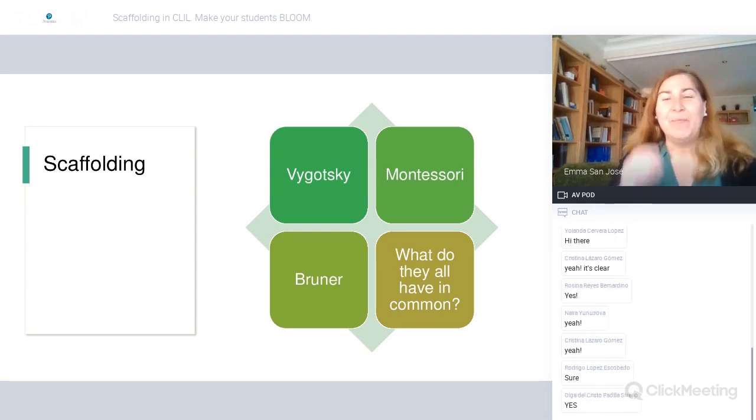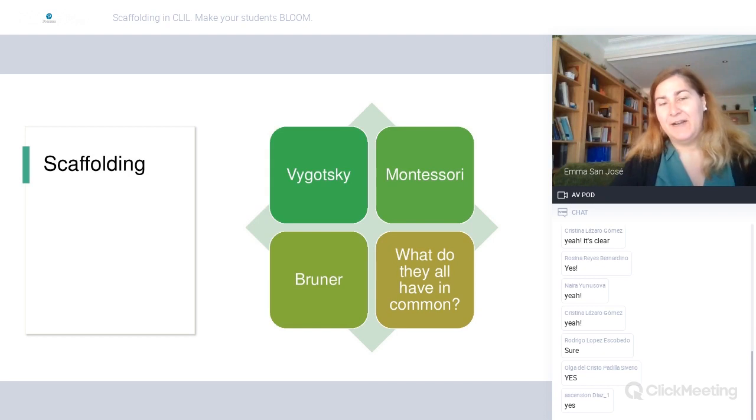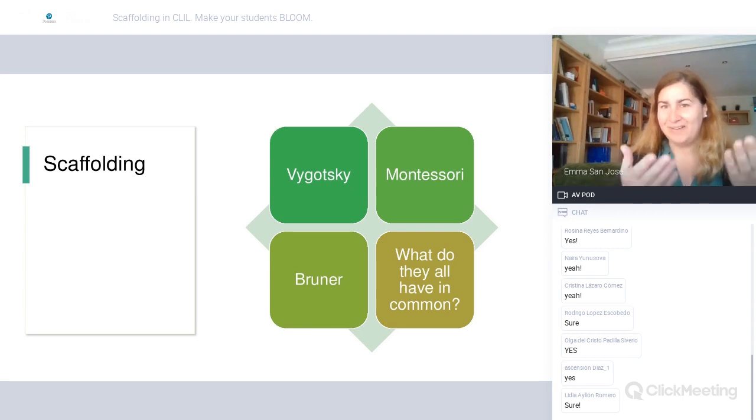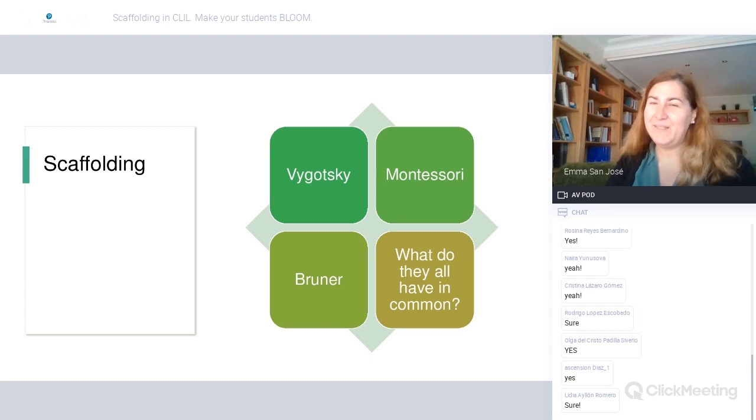Now, you know that there are all different approaches to learning, to teaching, but the question here is, and I'm simplifying a little bit, I'm just going to the key point that I want to use to continue. But what do all these methodologies have in common? What did all these people say to make them deserve a place in my little diagram here? Any thoughts on that?